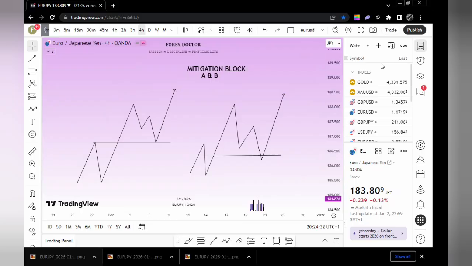There are pairs out there where mitigation block is the main mode of movement, but I've not taken time, compared to how common the other block and breaker block are. So I'm mostly into trading breaker blocks, other blocks, and optimal trade entries. That's it.